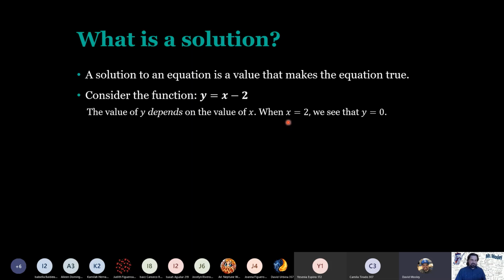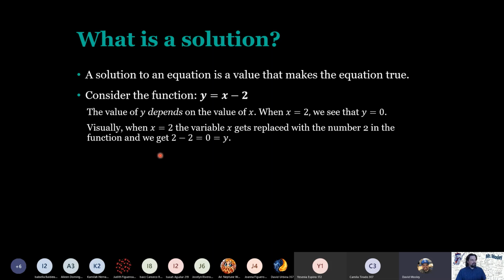When x equals 2, we would see that y would equal 0. That would be the output of this equation. So visually, when x equals 2, the variable x gets replaced with the number 2 in the function, and we get 2 minus 2 equals 0, which equals y.